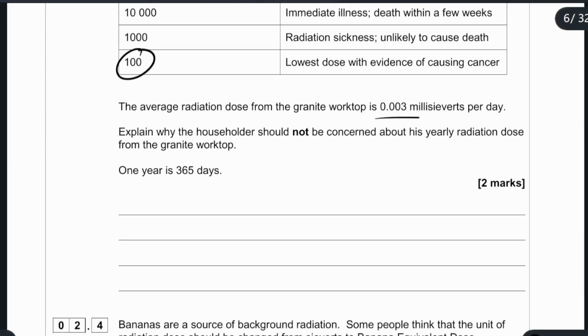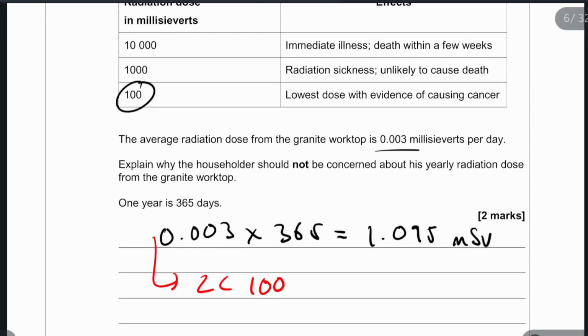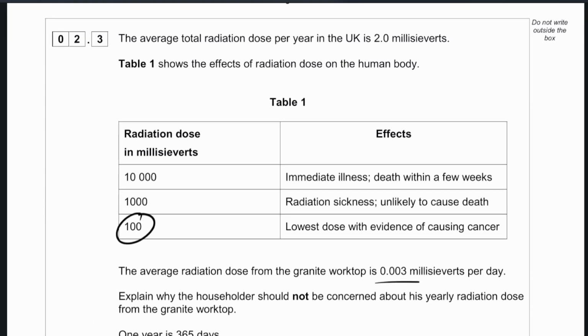So 0.003 multiplied by 365 days, if he's exposed every single day of the year. It works out to be 1.095 millisieverts. This is much lower than 100, and 100 is the lowest dose that actually causes cancer, so he has nothing to worry about.